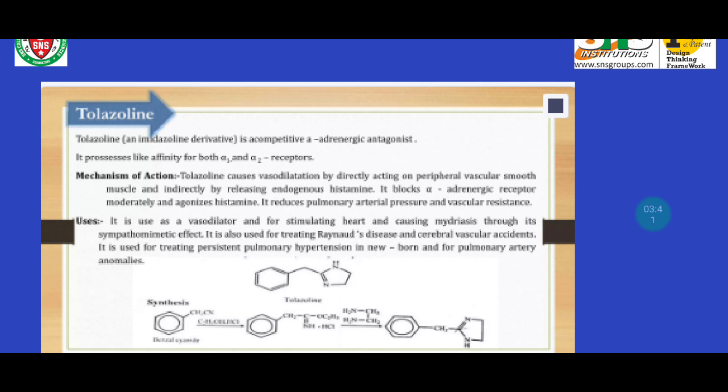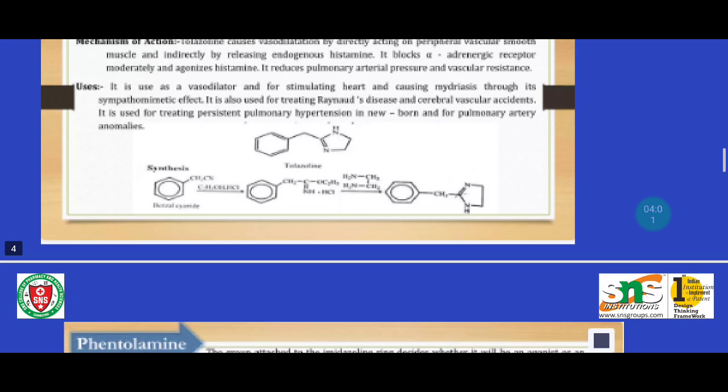See the structure of tolazoline. It is synthesized from the parent compound benzyl cyanide, which gives an intermediate, and that again reacts with ethylene diamine to give the tolazoline structure.